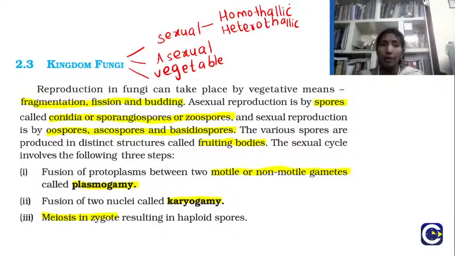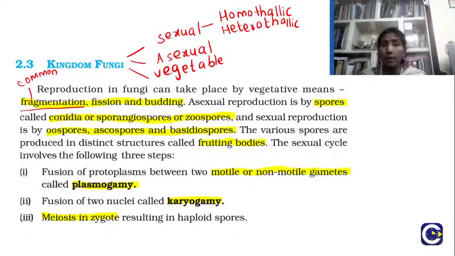Then how is asexual reproduction? It takes place by formation of spores. Vegetative reproduction is by means of fragmentation, budding, fission, etc. Fragmentation is supposed to be the most common method of vegetative reproduction.